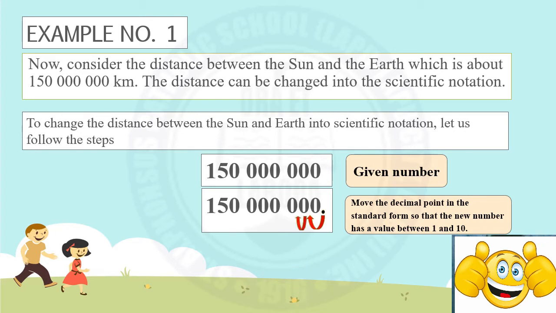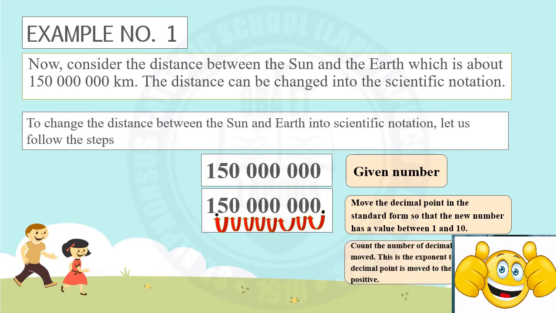1, 2, 3, 4, 5, 6, 7, 8. Because 1.5 is between 1 and 10, we will place the decimal point there. Before the result, count the number of places the decimal point has moved.